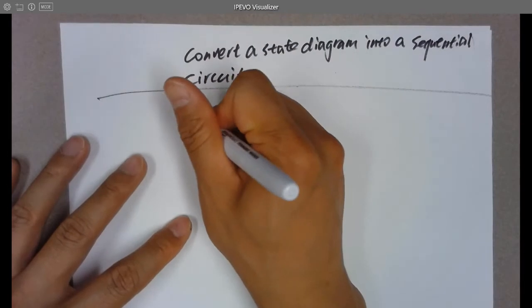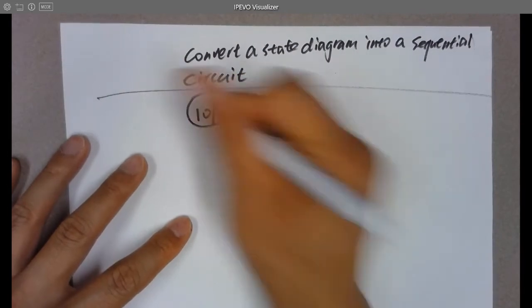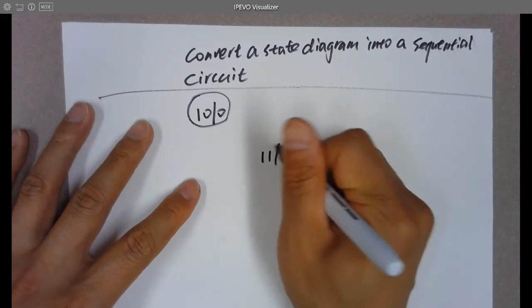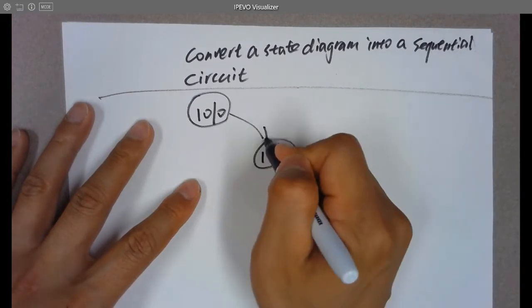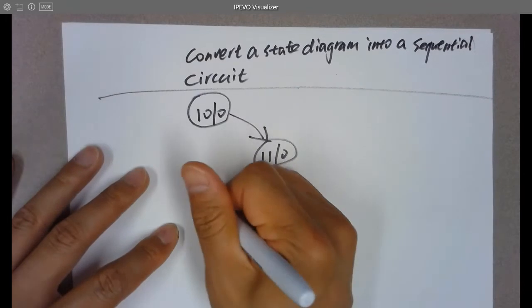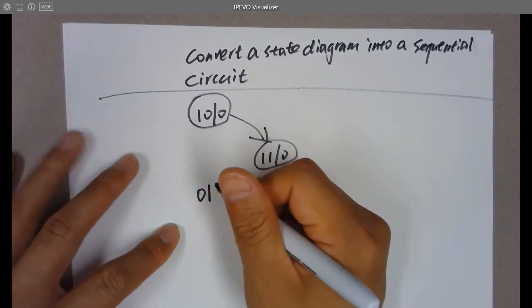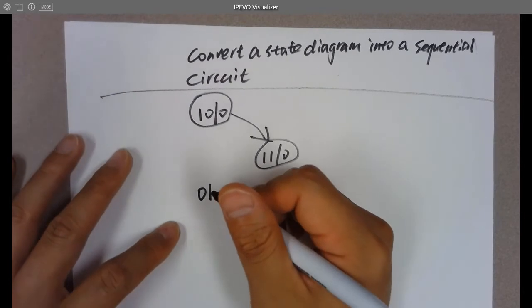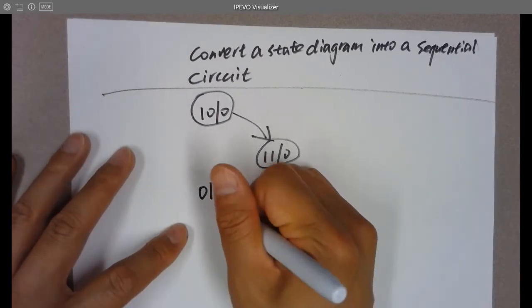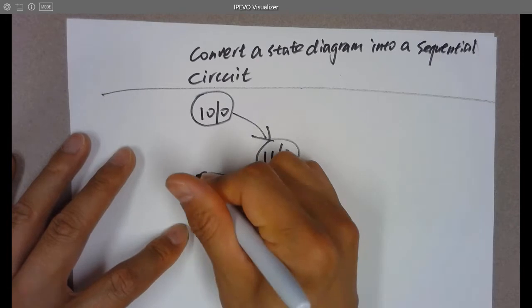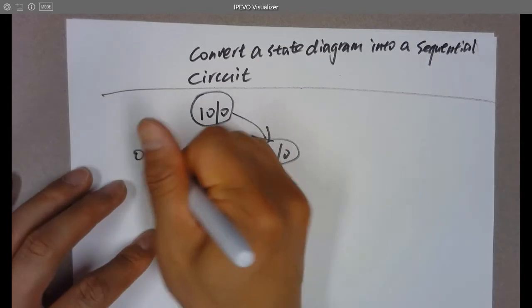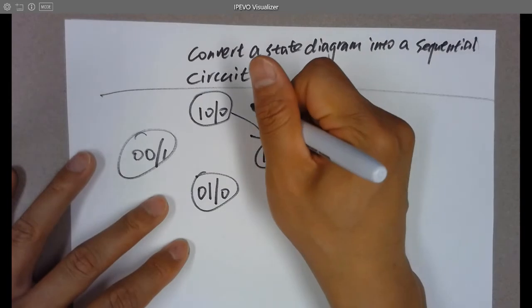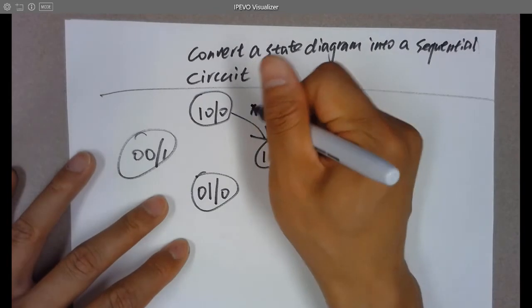And now here is a given state machine. Zero, one. Wait, what do I want to put here? I think it's 0. Right, 4 states, and that's x is 1.